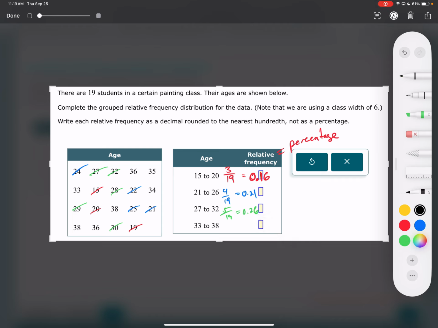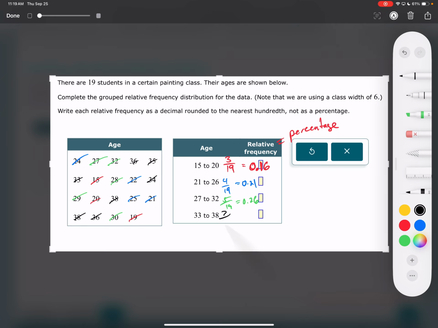And last one, 33 to 38. 1, 2, 3, 4, 5, 6, 7. 7 out of 19 is 0.37. Okay. So that's my answers. The decimals is my answer.